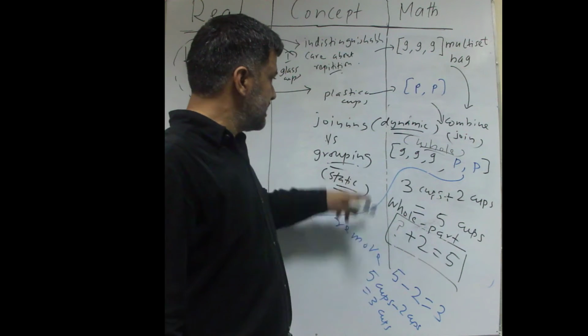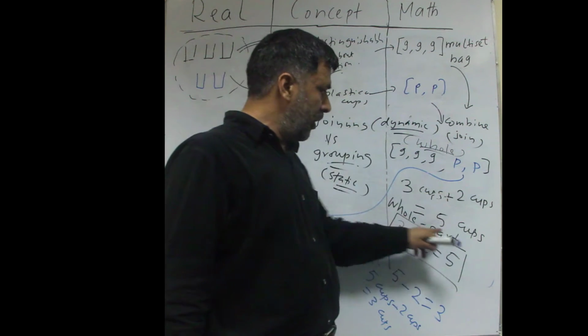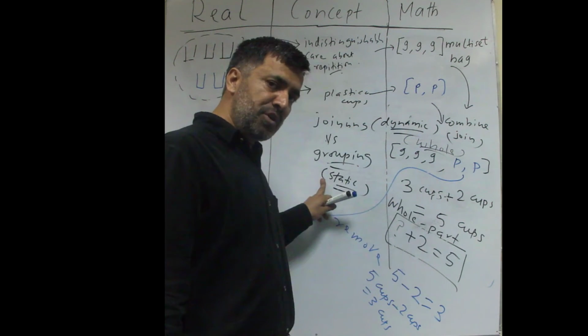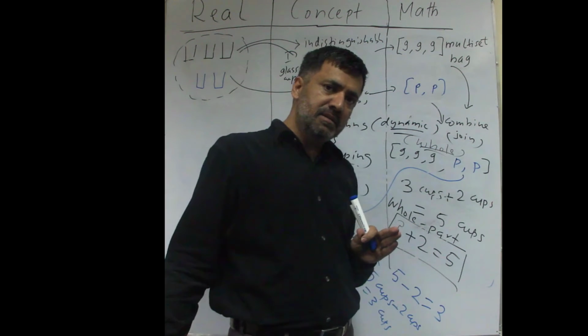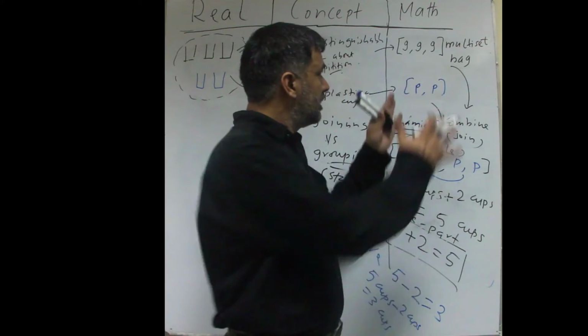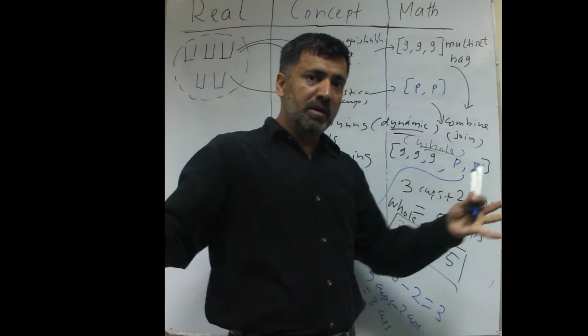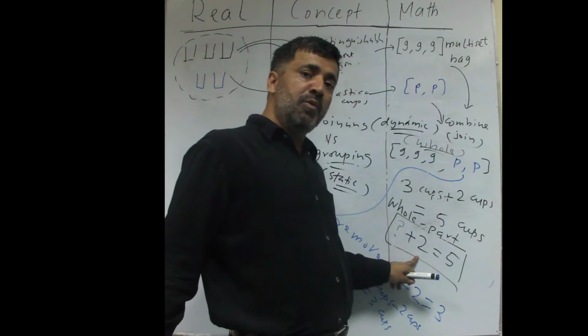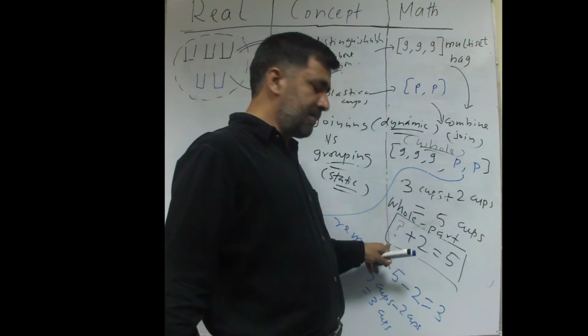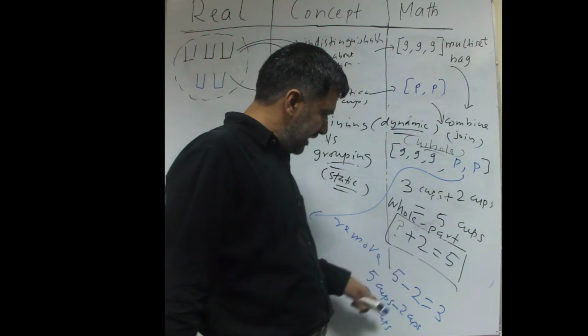Removal was the opposite of joining. Whole-part is the opposite of grouping. So I start from the whole, a multiset representing the whole of something with 5 objects. I know 1 type, and I'm asking for the other type. This will give me the same answer.